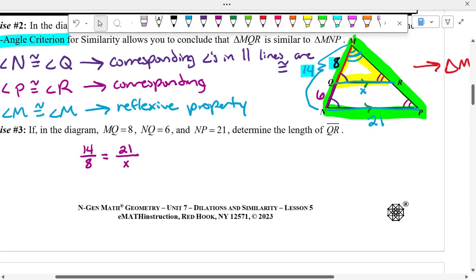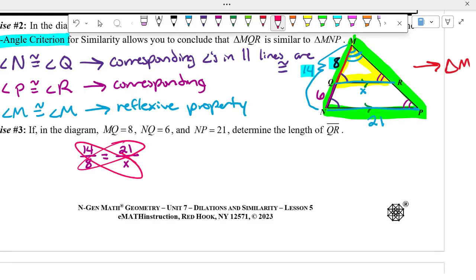Now, how can I solve for X? What did I say you can do with this? Just cross multiply. Butterfly method, whatever you want to call it. So I get 14x is equal to 8 times 21. Well, what's 8 times 21? 168.